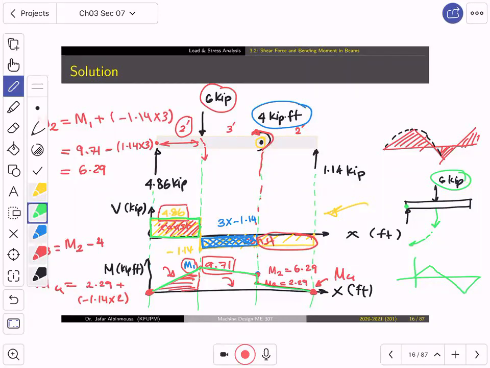Now we started here. It is customary, guys, to say conceptually that if you have a shear force, this area is considered a positive area, meaning that in the bending moment diagram you will have an increase in the value of the moment. And if the part is negative here, it will cause a decrease in the value.